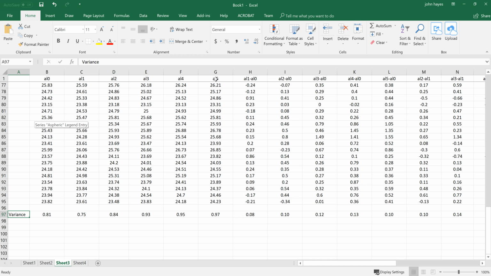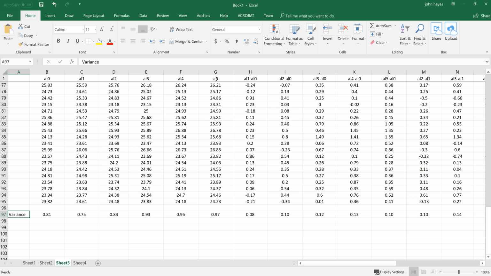Well, here we have within subjects, and we recognize that we have a correlation between factors. In order to adjust for that, we're going to assume that the correlations are equal.